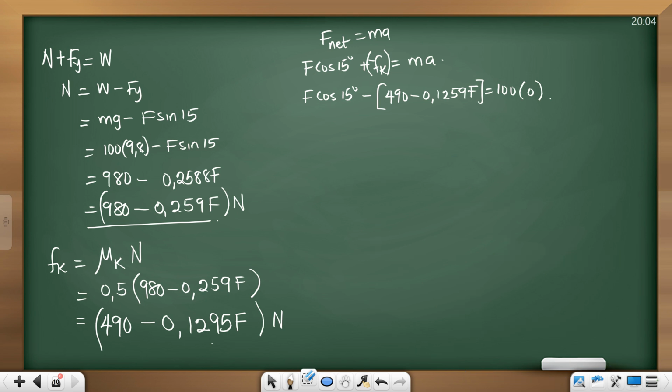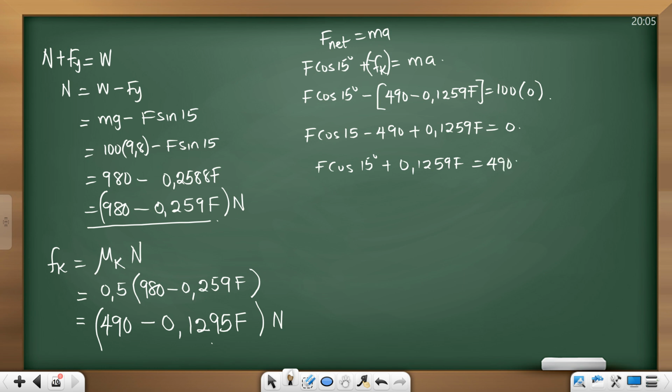I don't know if my maths is mathing in there. F cos 15 minus 490 plus, let's be smart with our calculator usage, F cos 15 plus 0.1259 F.